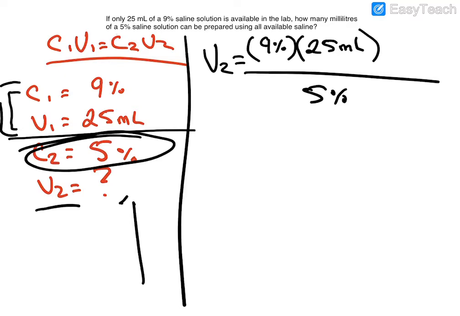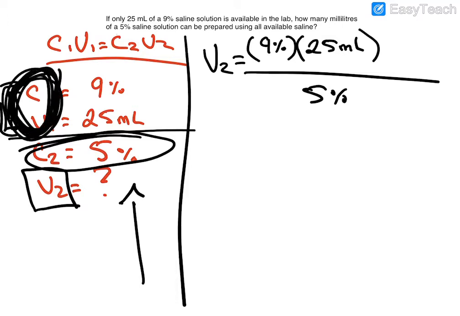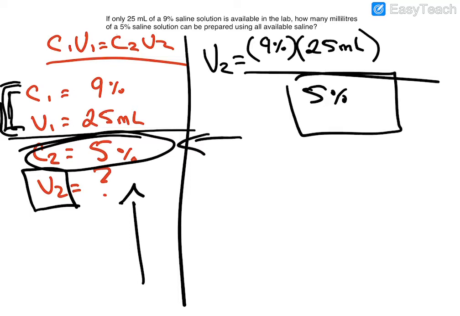And remember, you always divide by whatever you don't have on the one side. Since you don't have V2, always keep the two that you do have on the side together. Because you have both the initials, keep them together up here. And since on the final side you only have C2, that's the one you're going to be dividing by.